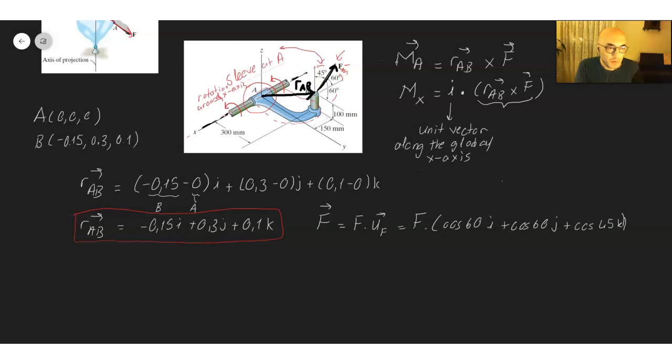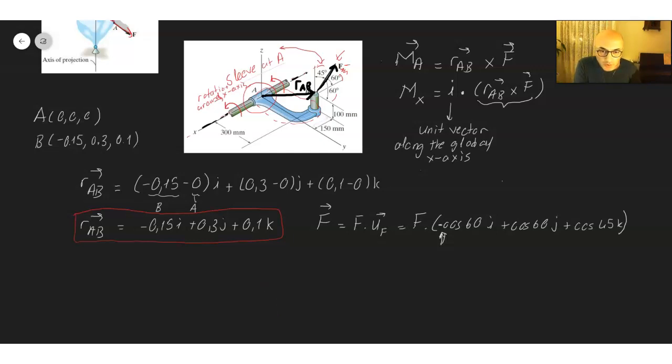So this is how I write my force vector. Okay, right. Oh, I just made one mistake here, for x that should be minus. This should be minus because the x component of F is pointing towards the negative x-axis, so that's why this should be negative cosine 60 i.